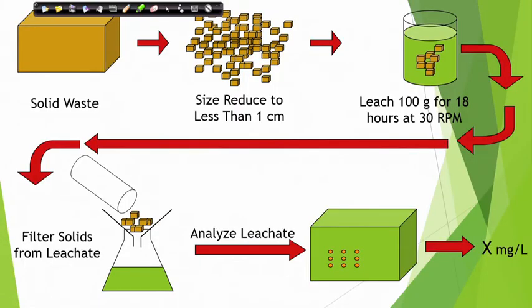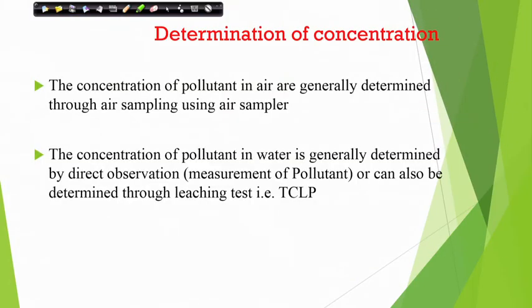But if you are in the body, we can also use a test simulating the gastric acid of the body, to find out, if things get ingested into the body, how much will be absorbed. There are different ways of doing that. I think we can talk about TCLP in the next video, because it is a little bit of a longer discussion.